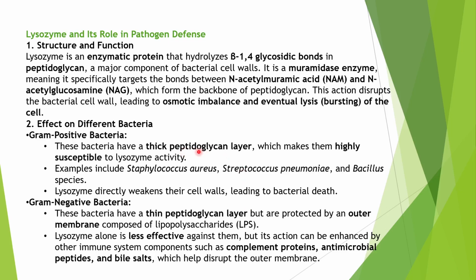But unlike how it is very effective in gram-positive bacteria, it is not so effective when there is only lysozyme alone. It needs extra components for the clearance of the LPS layer.